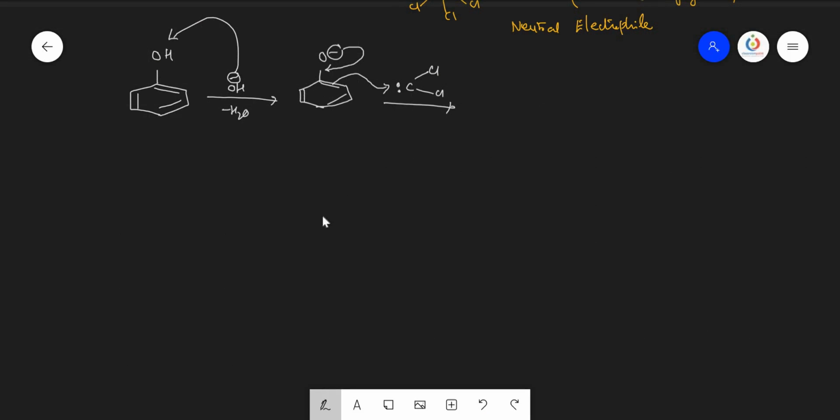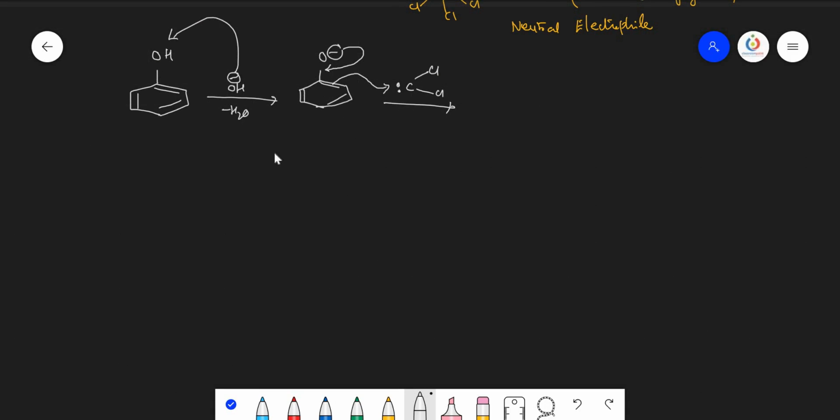Here only I'll explain. I'll take the same molecule, this species, phenoxide. So O minus. Now again CCl2. Now these electrons will shift and these electrons will shift over here, and these electrons may attack.